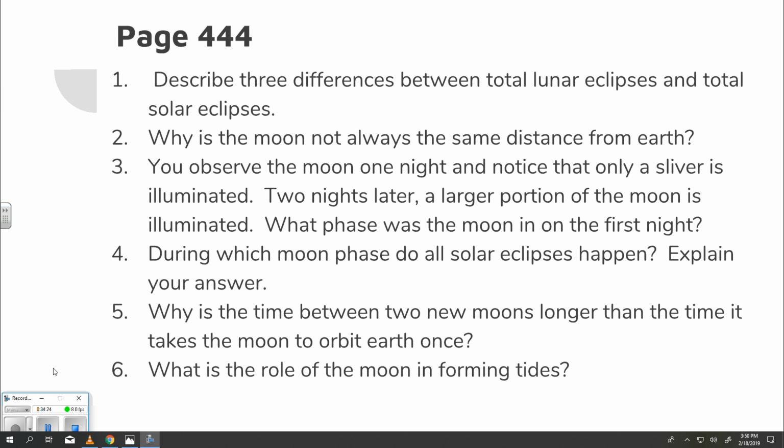Question 3. Answer can be found on page 441. Answer is waxing crescent. Question 4. Answer can be found on pages 438 and 439.